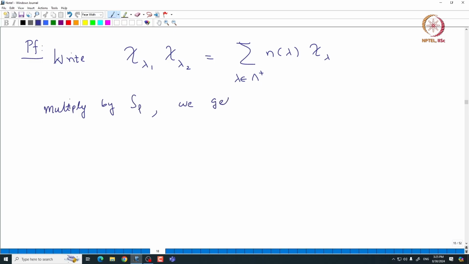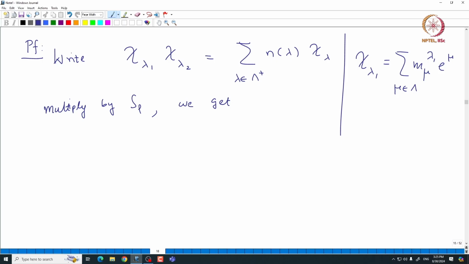So, then we get the following. You keep, for example, the second term, and then you just change the things. In particular, chi lambda 1 is given by the summation of the multiplicity of mu in lambda 1 times e power mu, mu in capital lambda. We are going to use this formula for the first term.